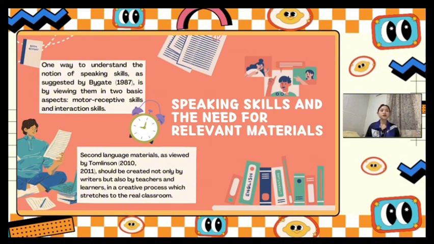So these two, the motor receptive skills and the interaction skills, highlight the importance of both linguistic accuracy and social appropriateness in spoken communication. So this perspective supports the need for relevant materials that develop both aspects, ensuring that learners can communicate effectively in real life situations.